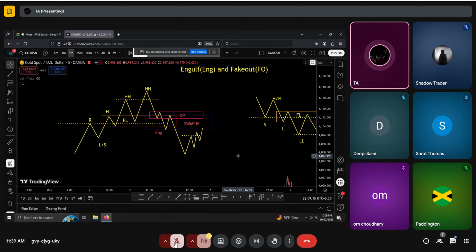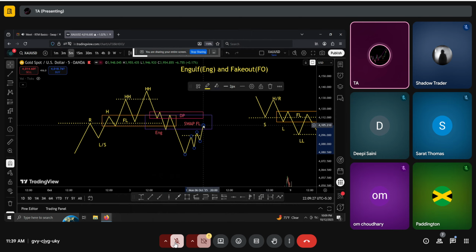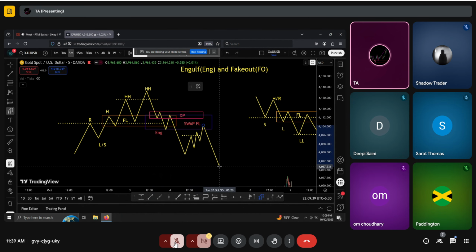That gives the impression of a bullish trend. Once the price crosses this, buyers will enter here, pull back, goes up, more buyers enter here, goes up, and goes to this swap FL. Swap FL here is already a true zone. Why? The order had been transferred from decision point to swap FL, and then price fell from here.